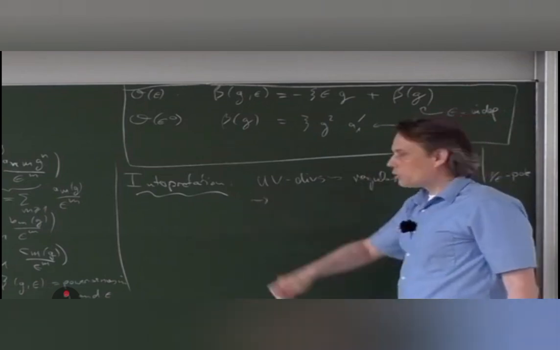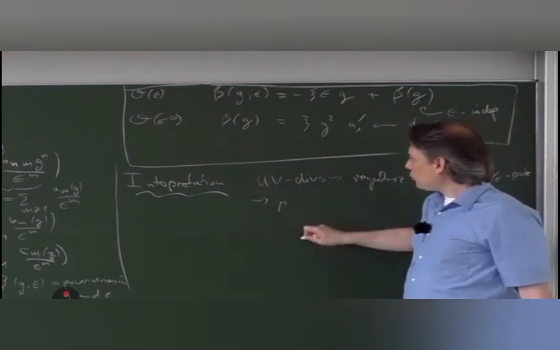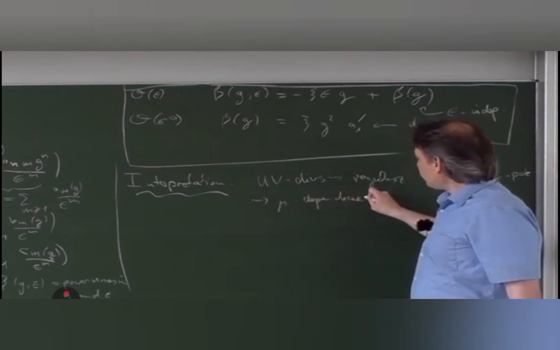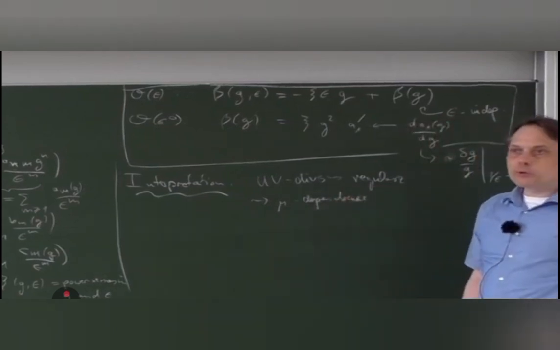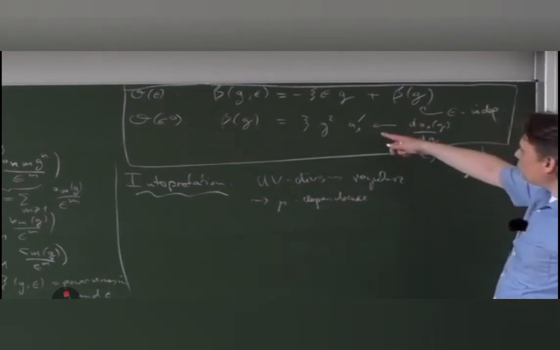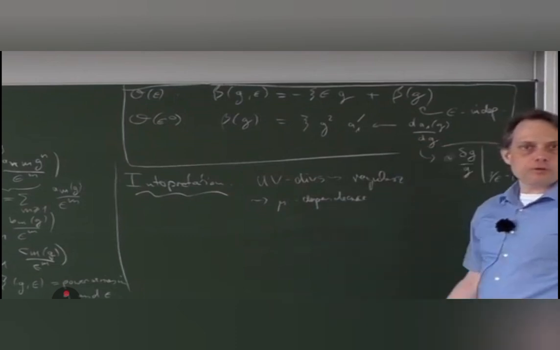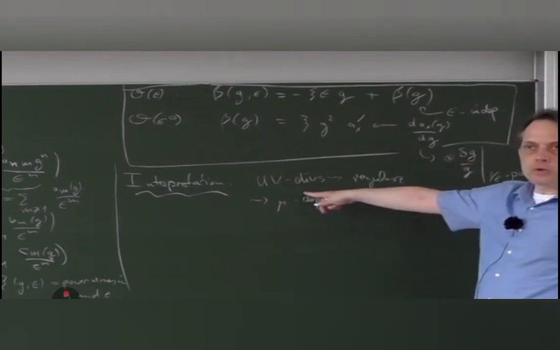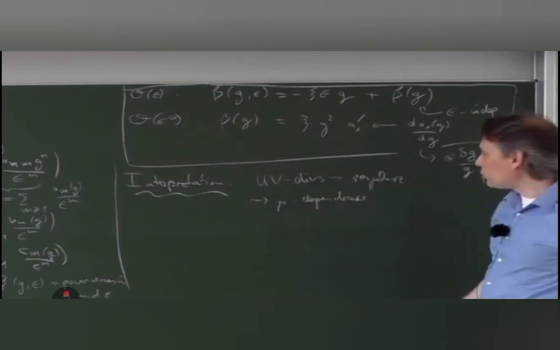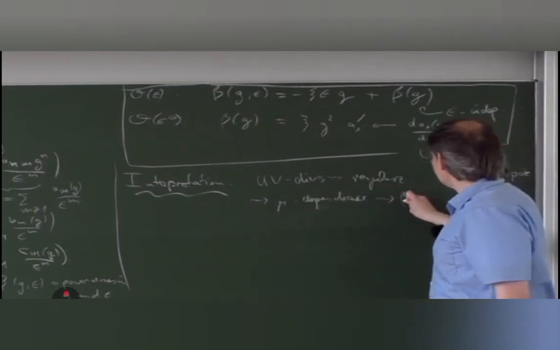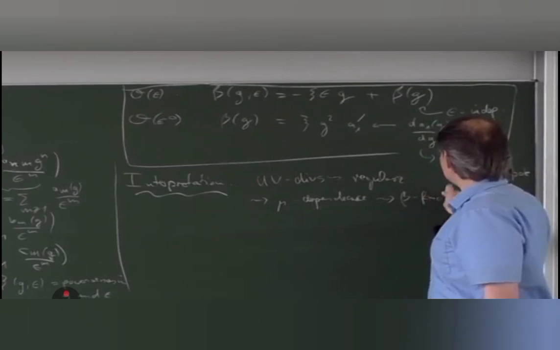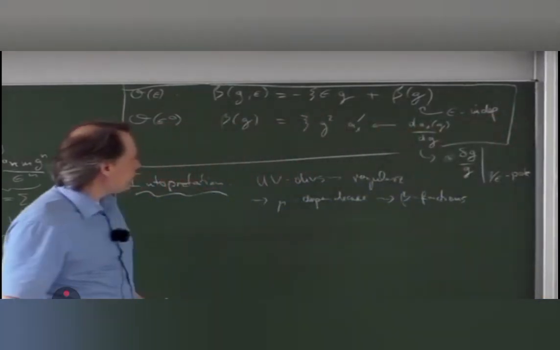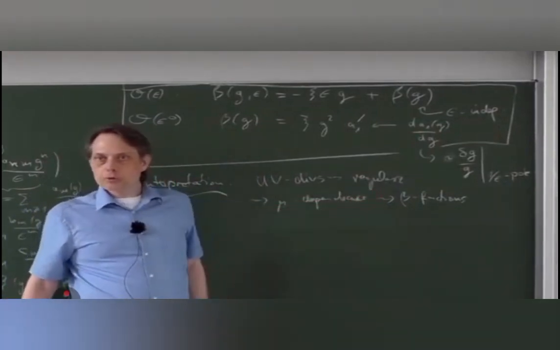The regularization automatically introduces a mu dependence, whereas if there were no regularization, there wouldn't be a mu dependence. So therefore, the beta function governs the mu dependence, and so it is not surprising that the value of the beta function is related to the value of the UV divergences. And that is exactly the outcome. And only the 1 over epsilon poles matter.